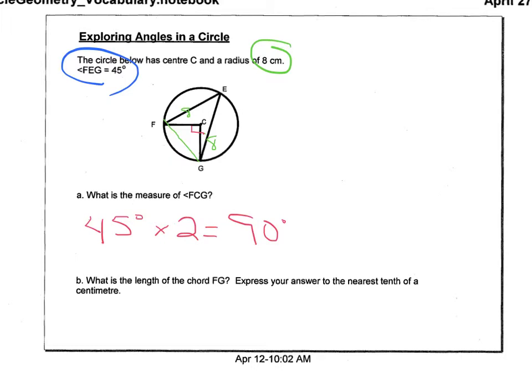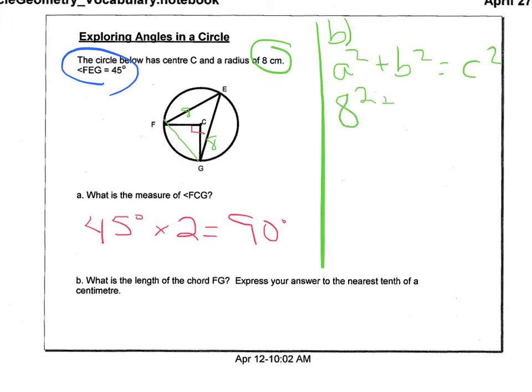I don't have a lot of room here, so let's do it up in the corner. For B, it's back to a squared plus b squared is c squared. In this case you're looking for c, so 8 squared plus 8 squared gives you c squared. 8 squared is 64.